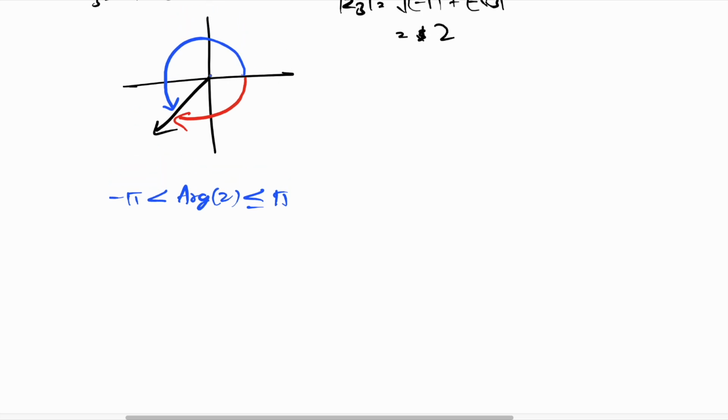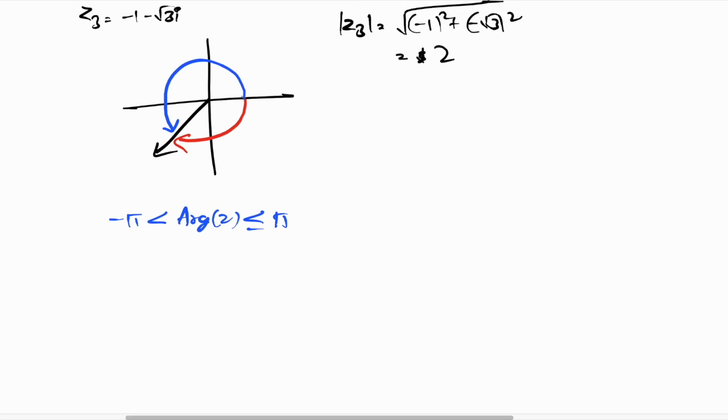So when calculating angles as positive, the argument can't exceed 180 degrees. In this case, considering the blue angle is not possible because that angle exceeds 180 degrees in positive. So instead I'll count the angle as negative, but greater than minus pi.